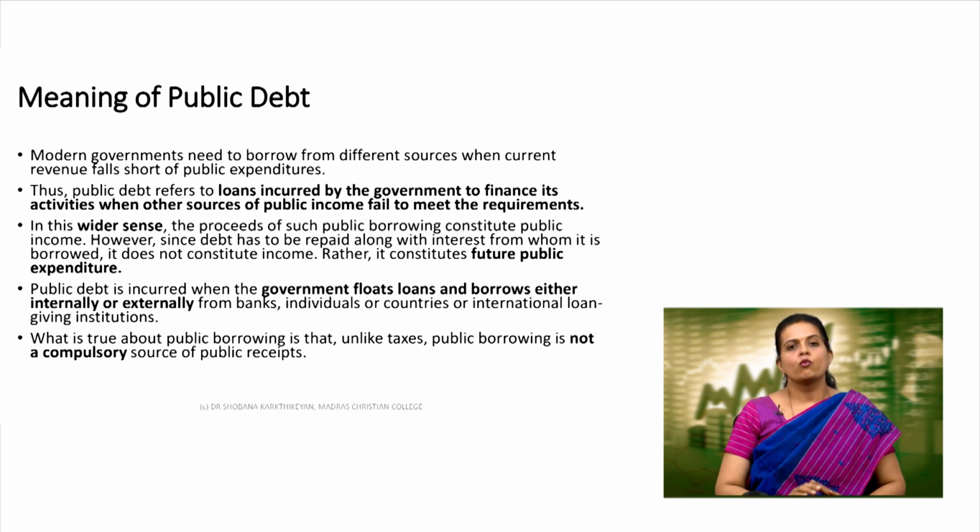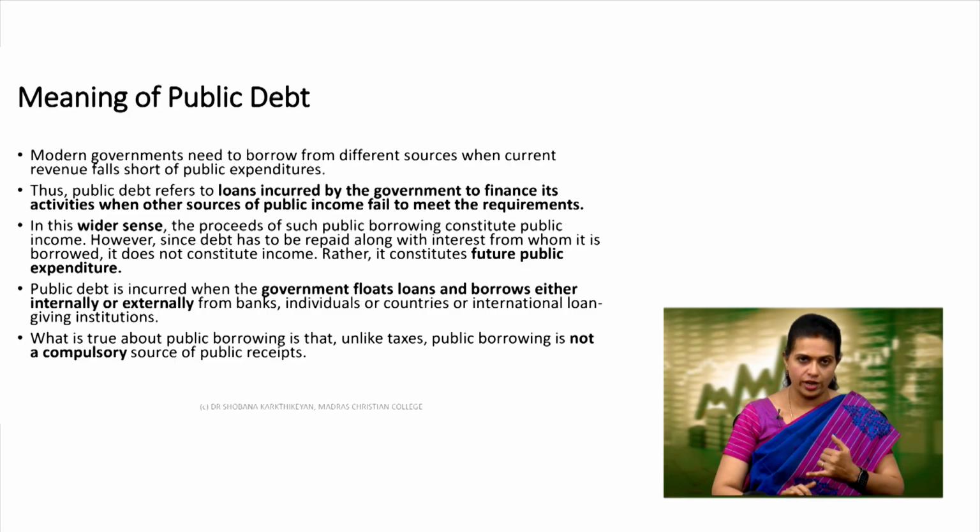Now, why does a government at any level have to even borrow? Is the revenue that it generates not enough to run its affairs? So there are three major reasons why public debt can actually happen. One, to meet a budget deficit. Number two, to take care of any emergencies such as war or any extraordinary situations.